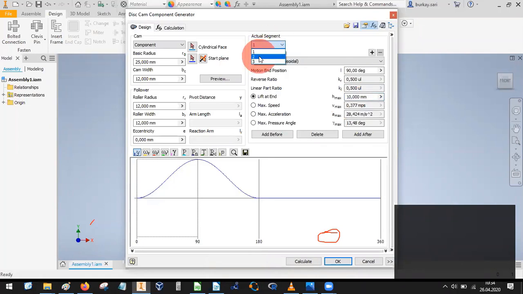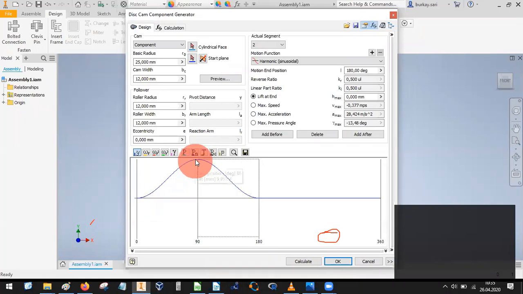After this, the second segment starts at 90 degrees and ends at 180 degrees. And our lift will be 0, which will drop down to the starting position, which we lifted from the 0 degree, 0 lift to 10 millimeters upside.